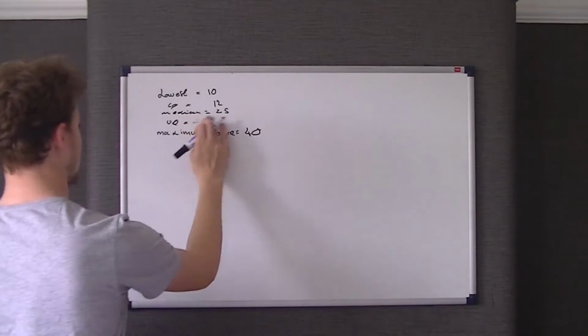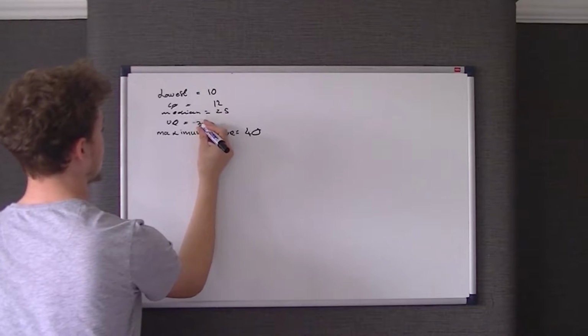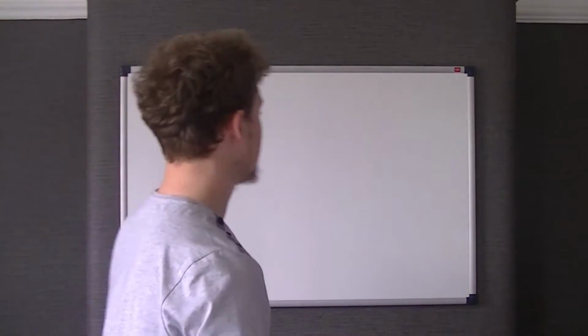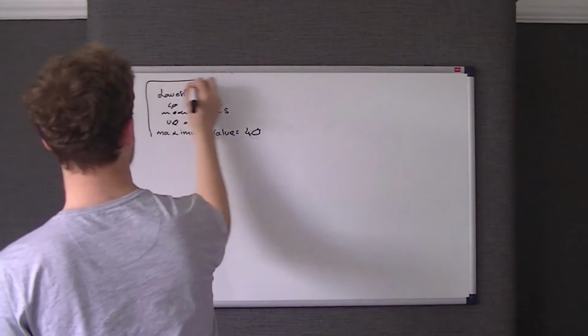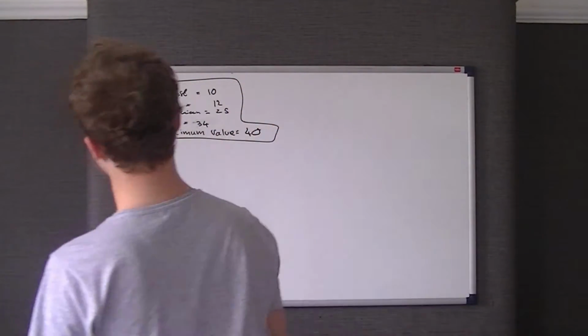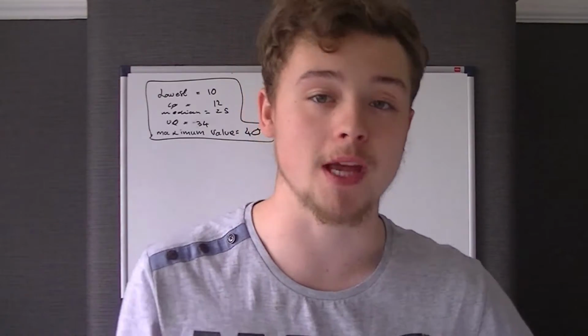Oh no, sorry, let's say the upper quartile was 34. So this might be all your information from a set of data you've calculated in a question. That might be from grouped data, like we were looking at in the last video, where we used linear interpolation to find the upper quartile, lower quartile, median, etc.